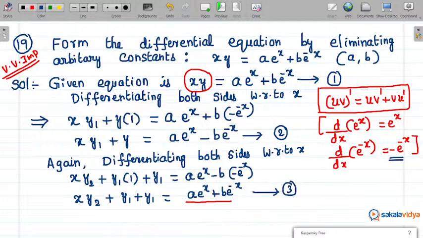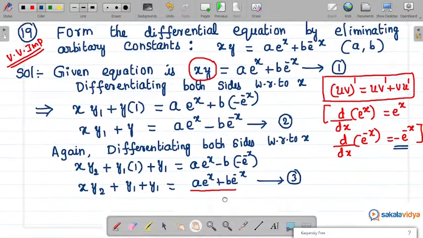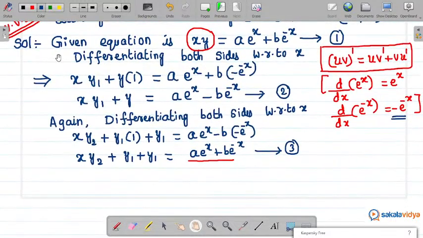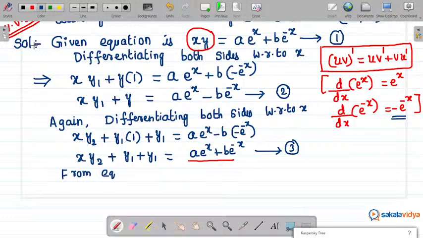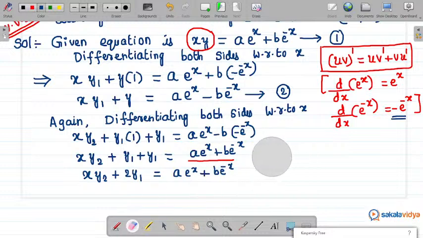Still we need to simplify. So this can be simplified: x y2 plus 2y1 equal to a e power x plus b e power minus x. This is equation 3.